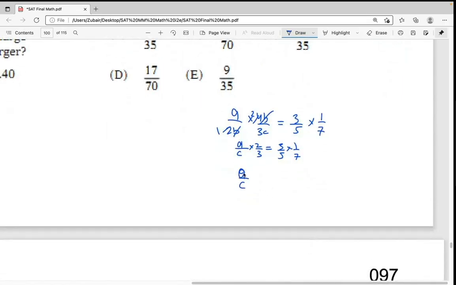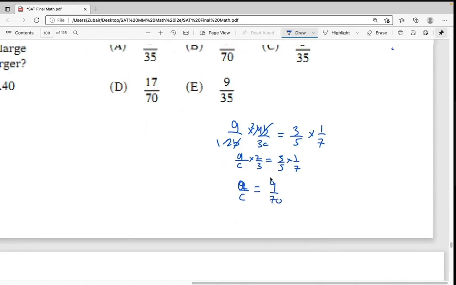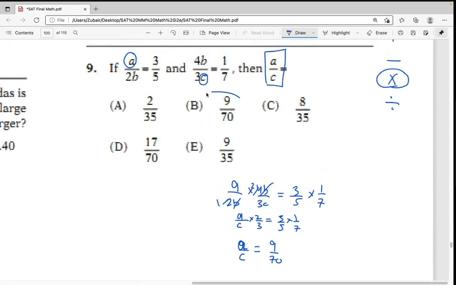A over C equals 3 3 times is 9, 2 5 times 10, 7 times 70. 9 by 70. Any confusion? No, sir.